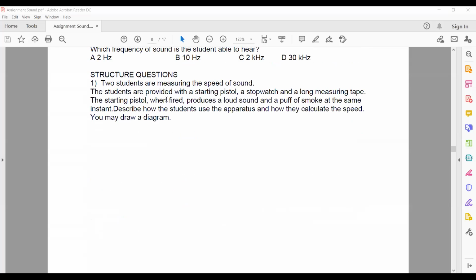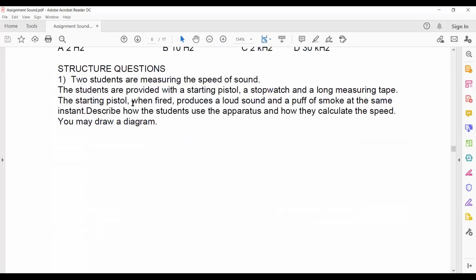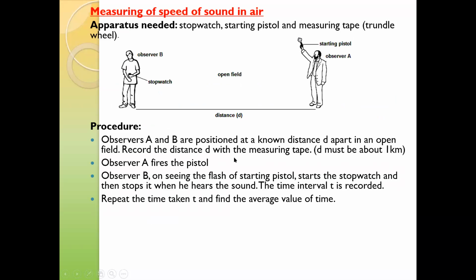You can see the same question. Two students are measuring the speed of sound. The students are provided with a starting pistol, a stopwatch, and a measuring tape. A starting pistol, when fired, produces a loud sound and a puff of smoke. Describe how the students could use the apparatus to calculate the speed. So that's the same thing, finding the speed of sound, this experiment.